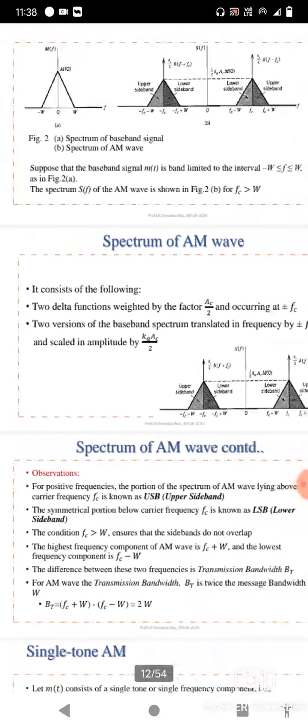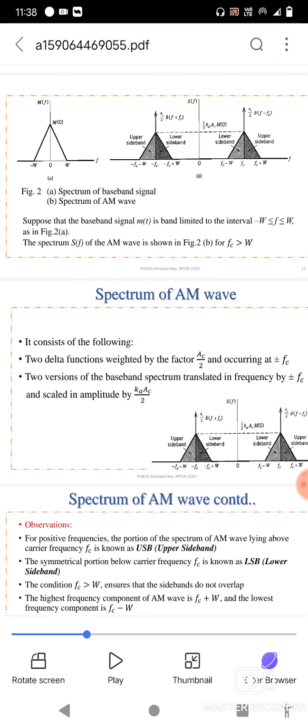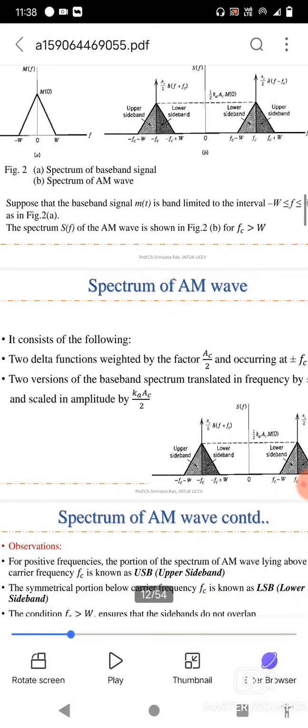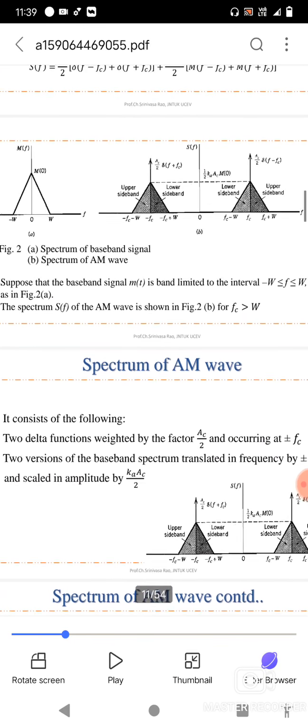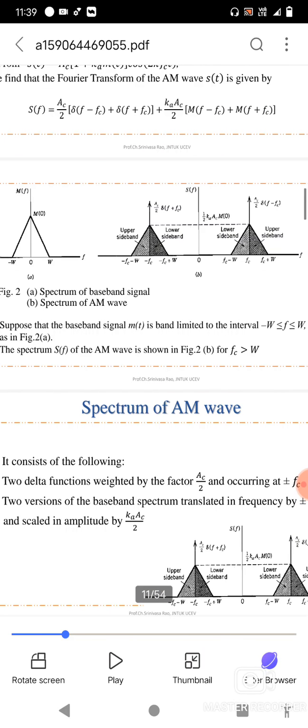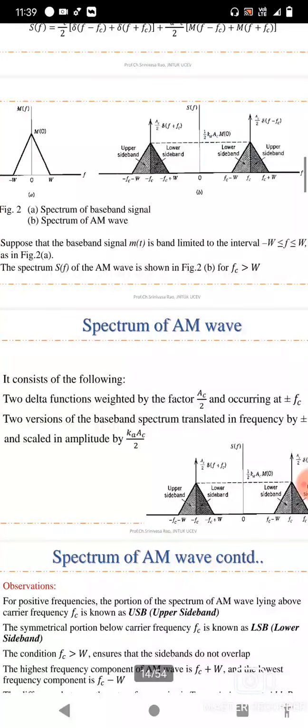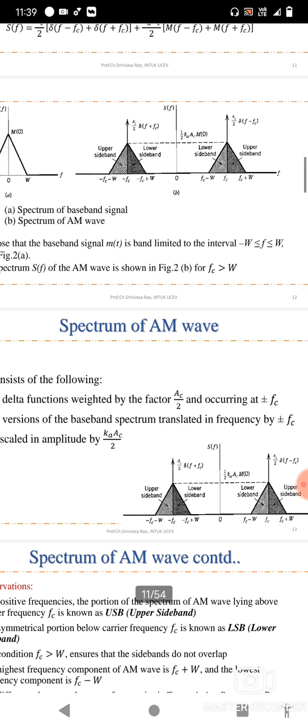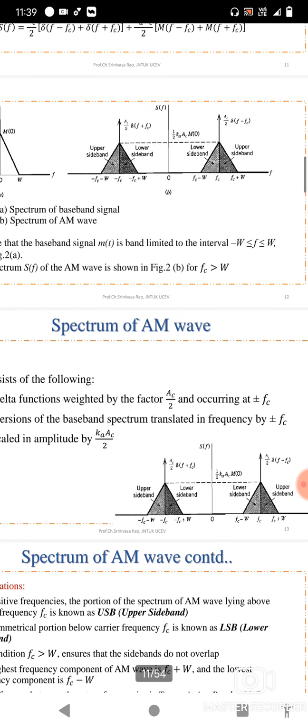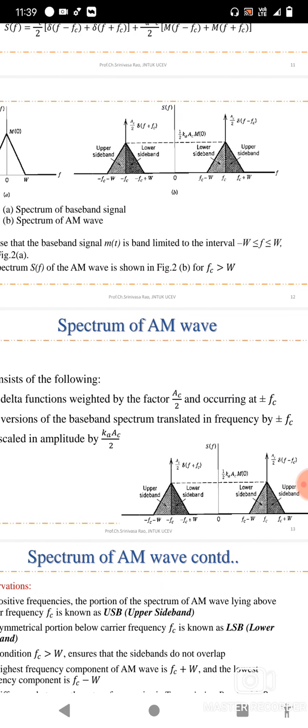So the amplitude modulated wave spectrum consists of the following two functions. Two delta functions, Ac by 2 delta of f minus fc plus delta of f plus fc, weighted by the factor Ac by 2 and occurring at plus or minus fc.